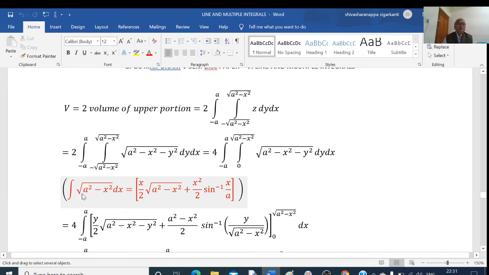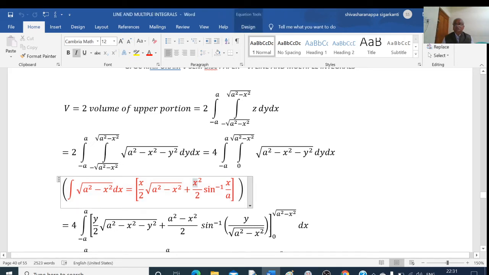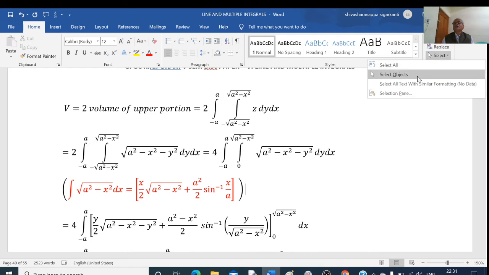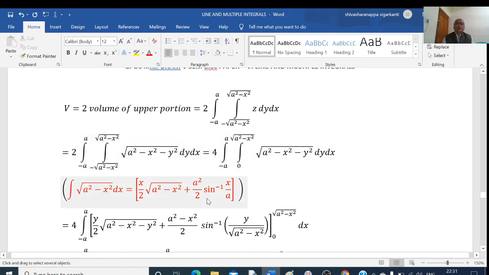And the integration of root of a square minus x square dx is given by x by 2 into root of a square minus x square plus a square by 2 into sine inverse of x by a.